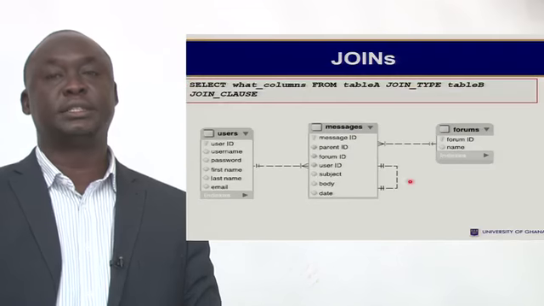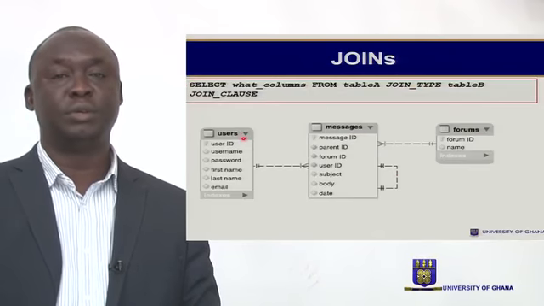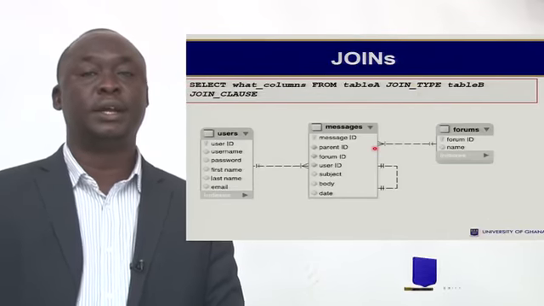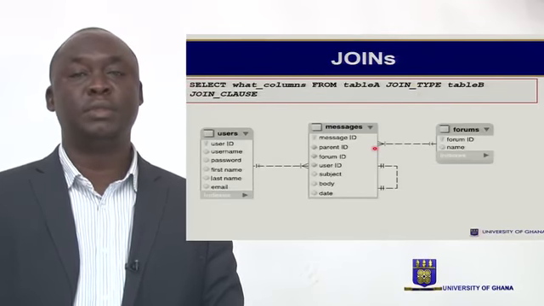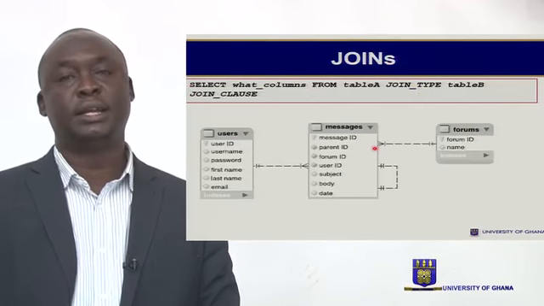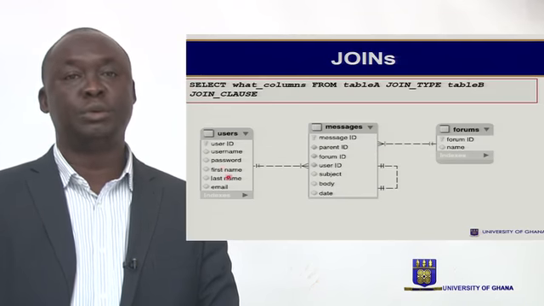So if you look at this table, for instance, we can make a selection from this table and this table using join. Similarly, we can make a selection from this table and this table using join. So for instance, if I ask you to display the names of people and the messages they have posted on the message forum, searching from this table will not be enough to give you the data.